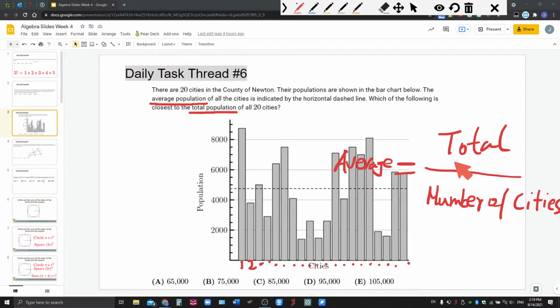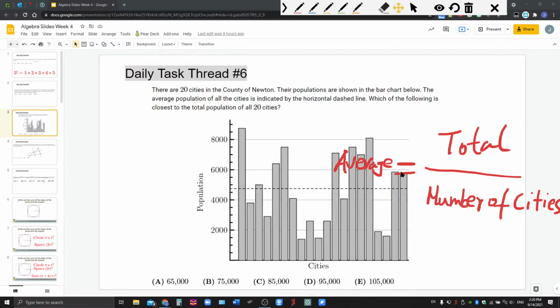So you can see average will be equal to the total divided by the number of cities. And based on this, how do we find out about total? If we need total, here they told us the average is this dashed line. That is, we can read the graph and find out what is the average. But how do we go from the average to the total?